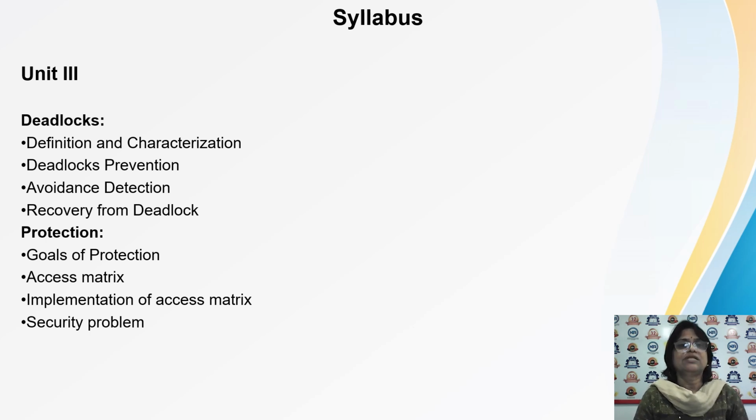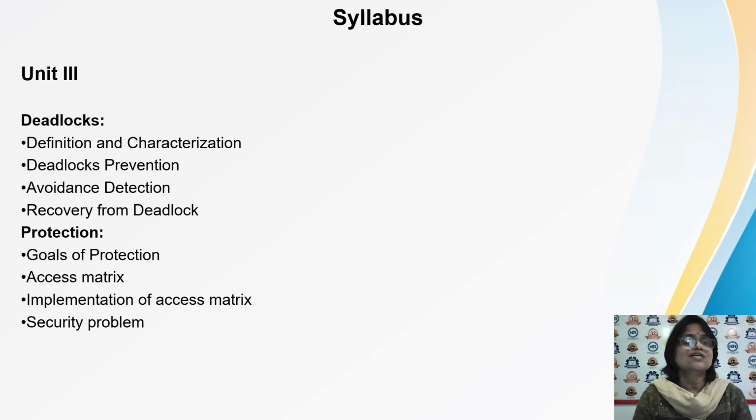And protection. The next topic we are going to cover in the third unit is protection. Why is protection needed? If several users are accessing the system resources, they must not be allowed to access them unless they are authorized.